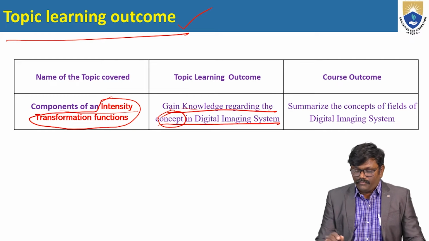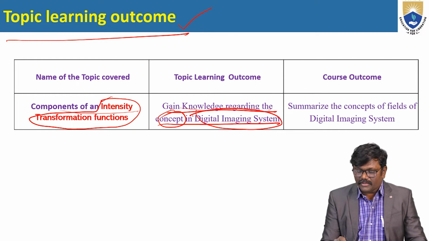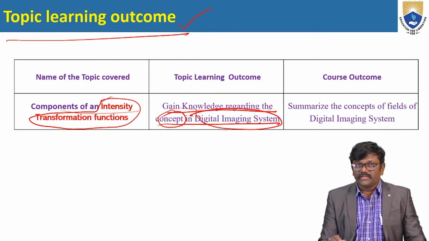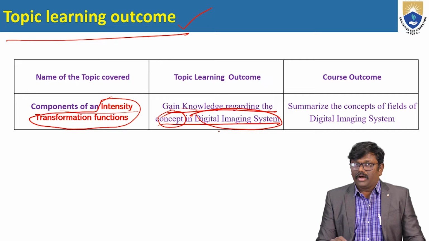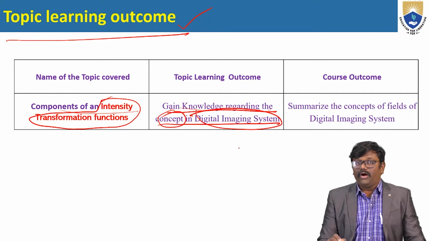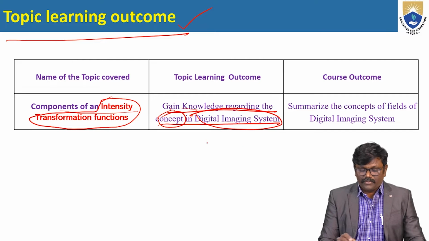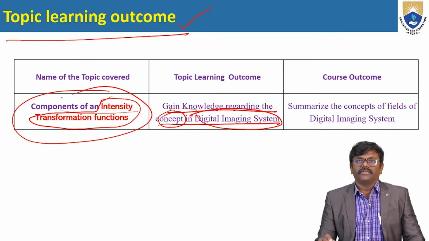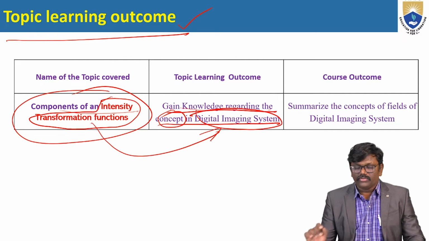Based on this digital imaging system, being a system, it processes certain applications. We need to concentrate on how that application can be processed in a digital imaging system, which depends upon one of the components of the concept that is connected to this system.